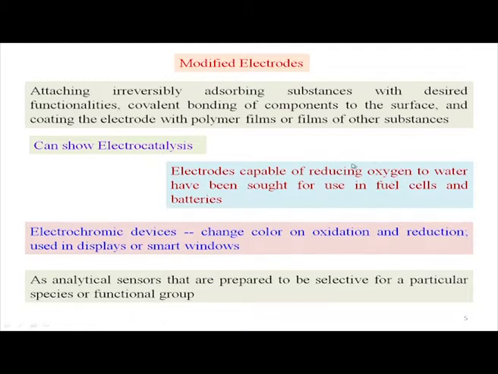So, this we correlate with a sensor, which is your glucose sensor. Here we are reducing oxygen, so it can be sensing oxygen, and we know that oxygen sensors are also available. So from one point it is an oxygen sensor and from another point it is the corresponding glucose sensor.